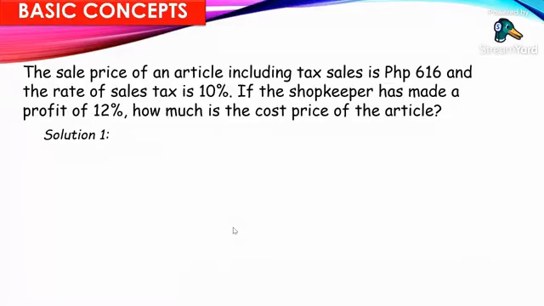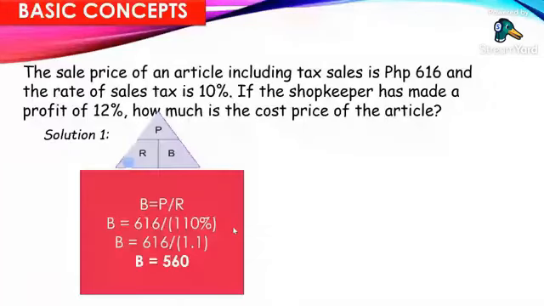Okay, si Sir Jason sumagot ng 500. Okay, so using PRB, we will have it this way. Okay, so unahin muna natin si 10%. So base is equal to percentage over rate.